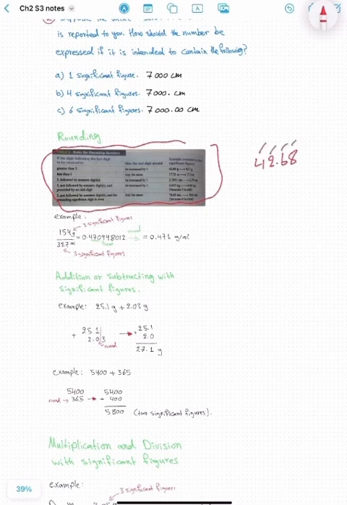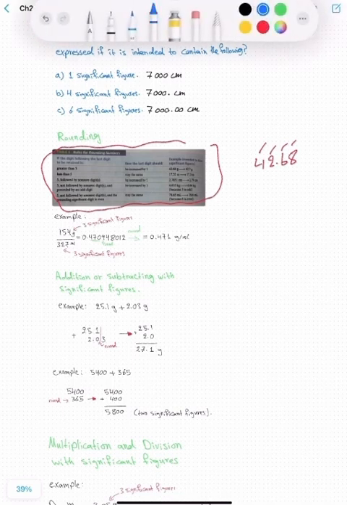If you want to round it into only 3 significant figures, so 1, 2, 3. Just underline it. Then after this, what do you have? 8. Is it more than 5? Yes. So it gives 1 point to this 6, becoming 42.7.